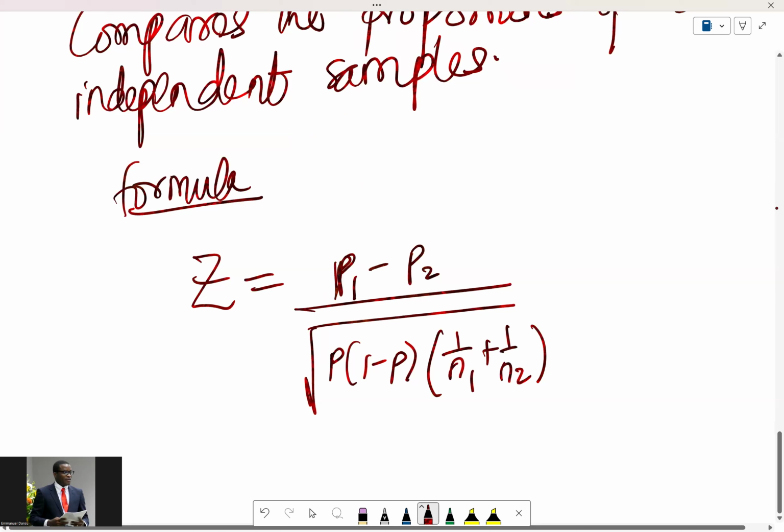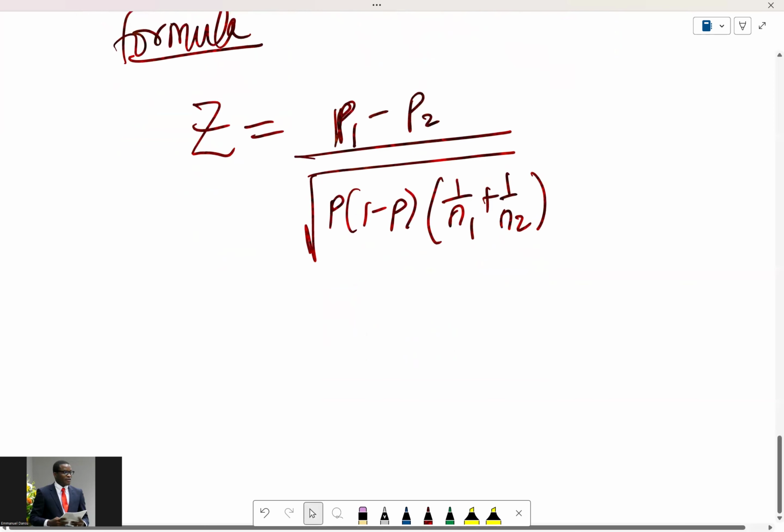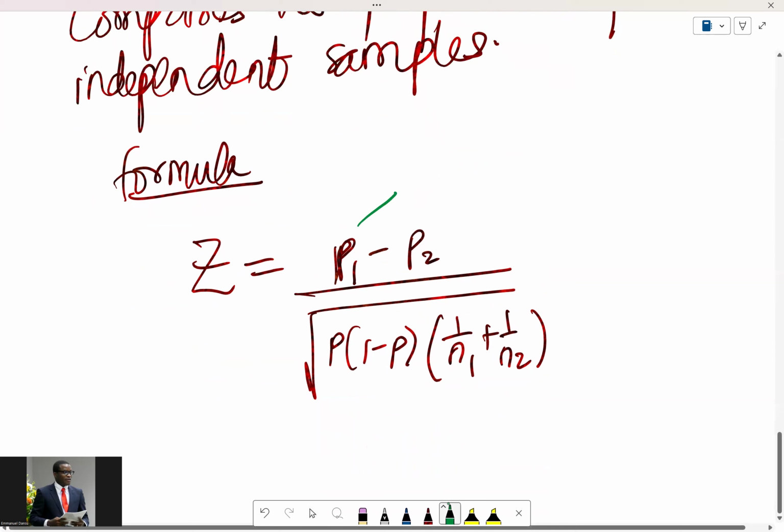Now, the small p in this case has a special meaning which should be paid attention to. So that small p is really special. Let's see what that is about. Okay, so here now, of course, you already know P1 is the proportion of the first sample. Let me do some labeling here.